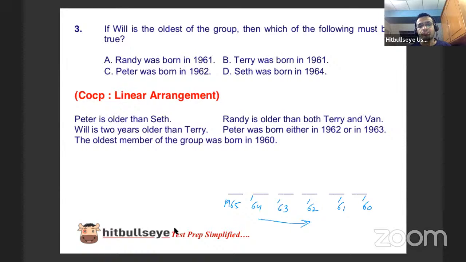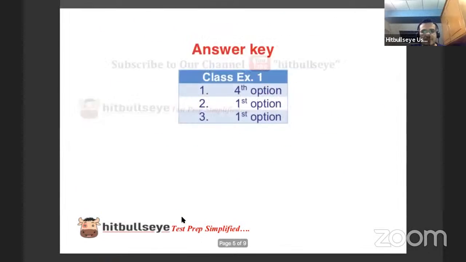Last 10 seconds, please. We'll check the answers. All right, so the answers are: first is the fourth option, second is the first, and third is again the first.